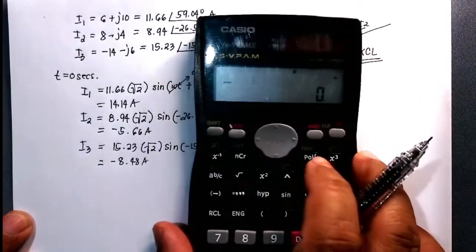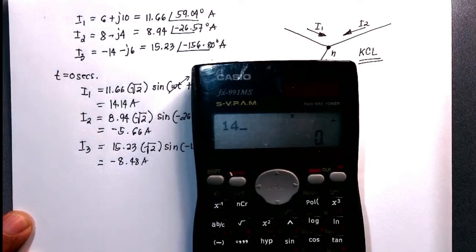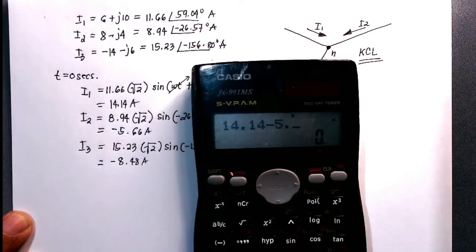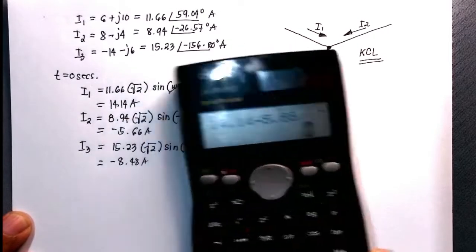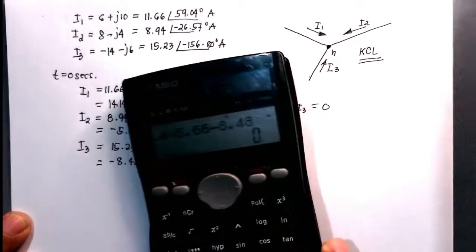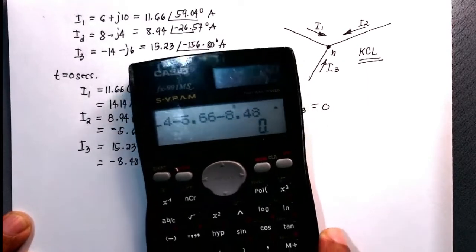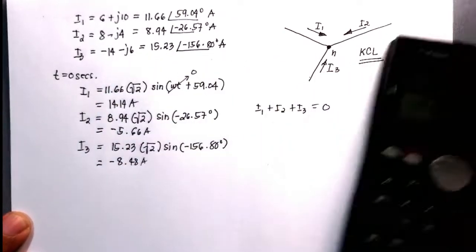So we just add 14.14 plus negative 5.66, and then plus negative 8.48, then you press the equal sign, it will give you 0.